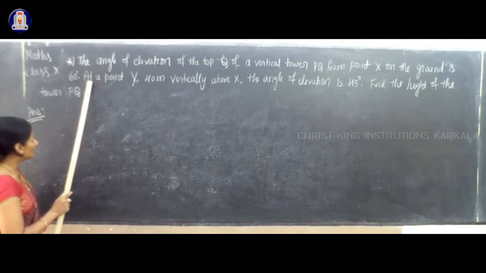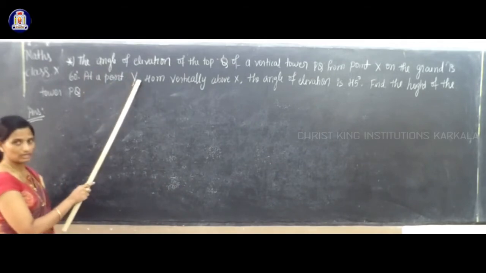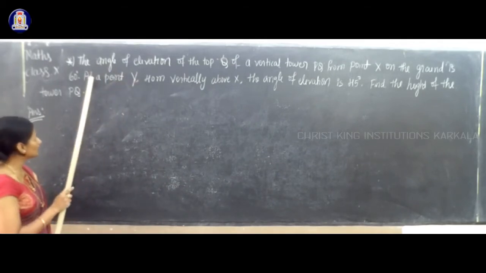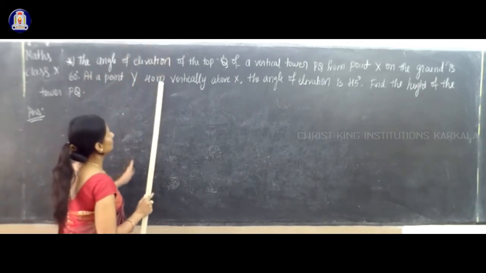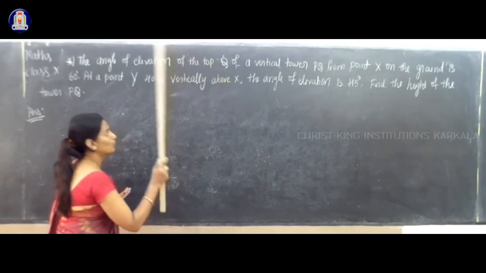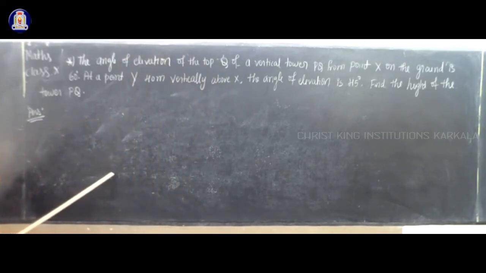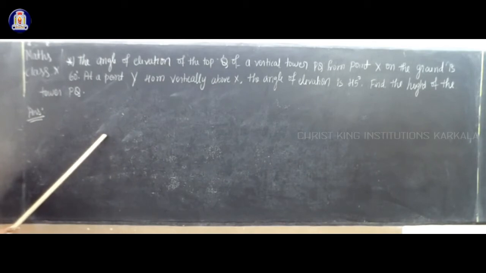Next, at a point Y. So where is that point Y? At a point Y, 40 meter vertically above X. Here is point X. Now point Y is here. Vertically above means the distance between Y and X is how much here? 40 meter.